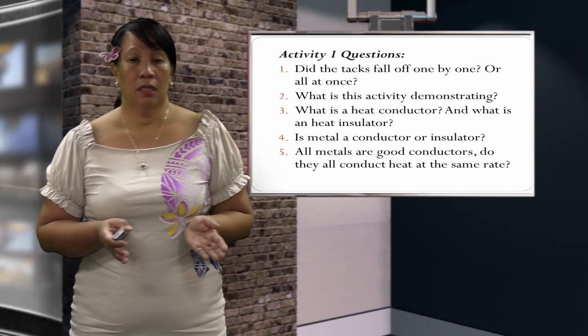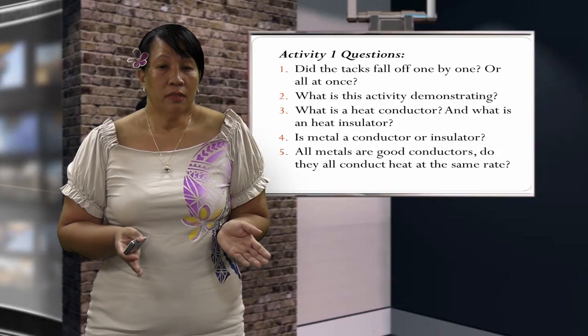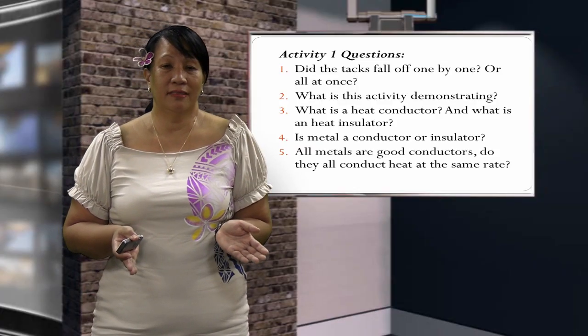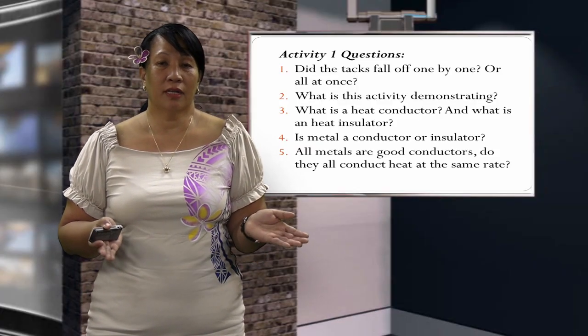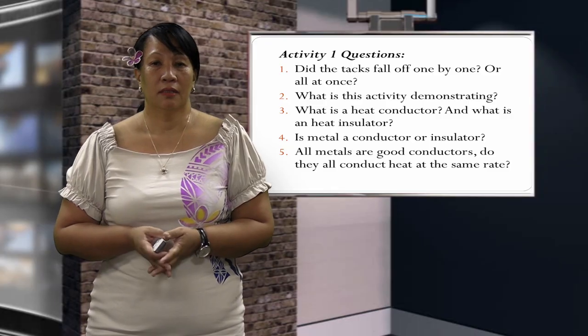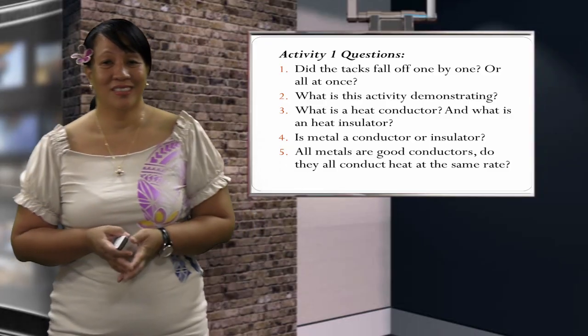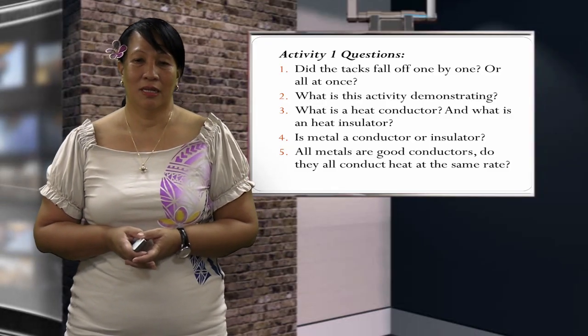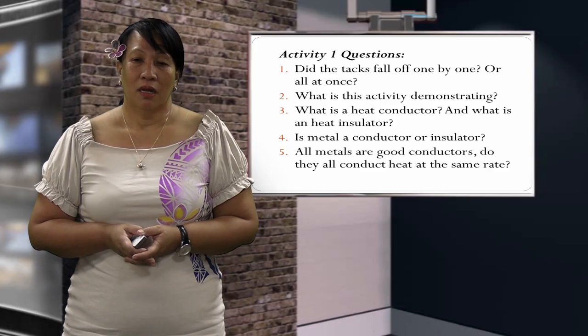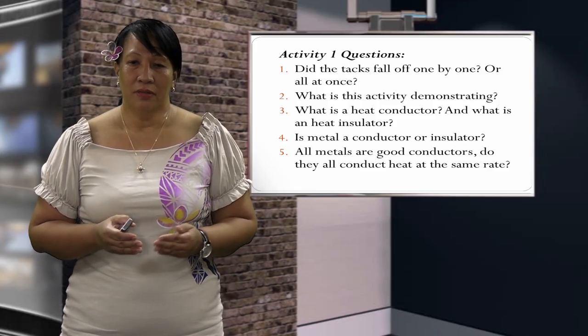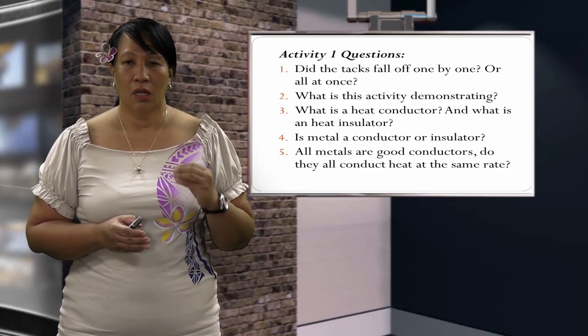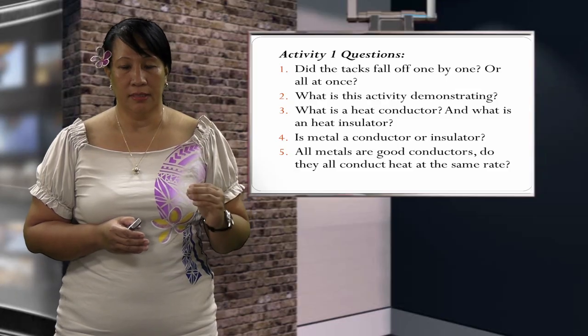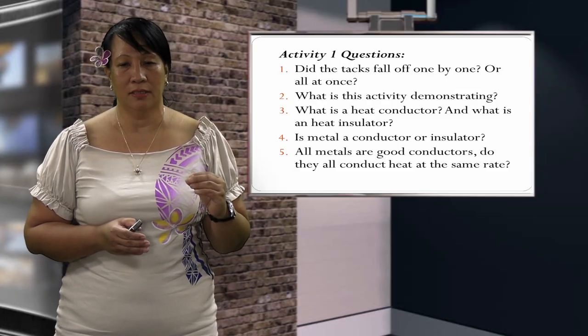We know that. But do they all conduct heat at the same rate? What do you think? No, they don't. That's right, they don't. Because in real life, silver is the best heat conductor.